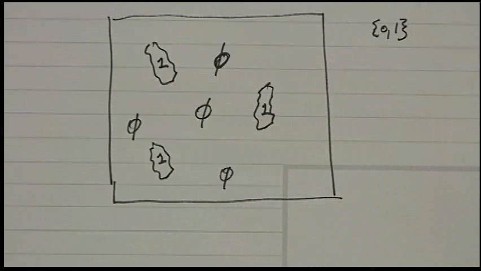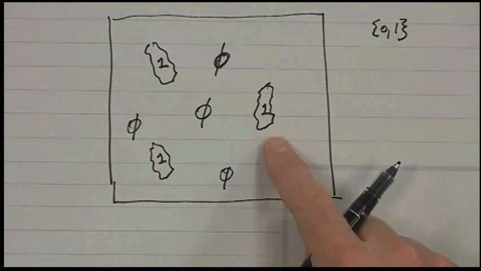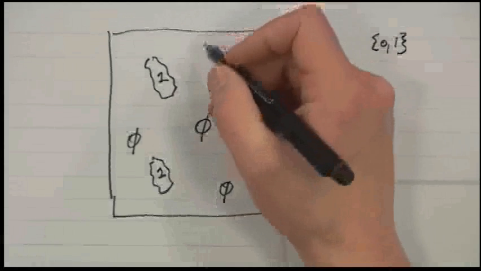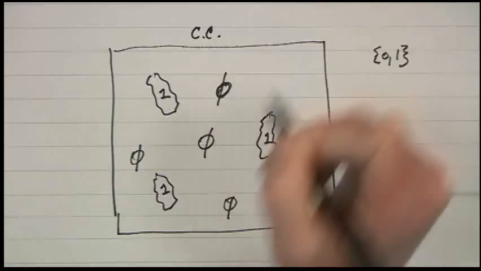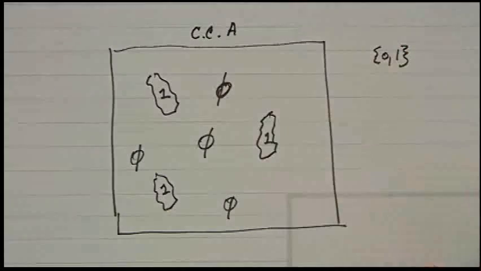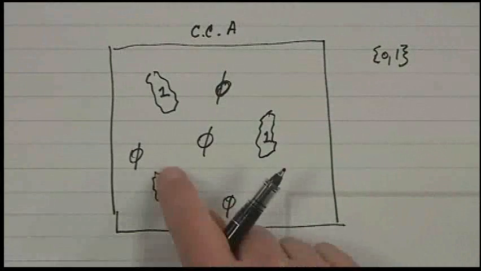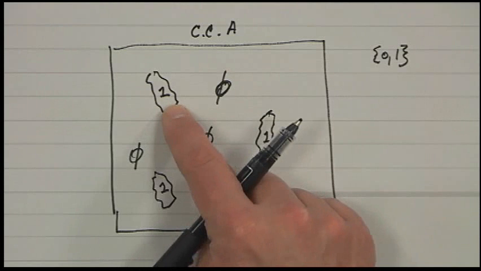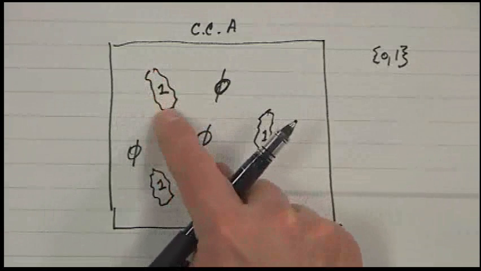Now, the thing is that's fine. Now every pixel is classified as 1 or 0, but often with connected components analysis, CCA, you don't just want to know whether the pixel is a 1 or a 0, you want connected sets of ones.